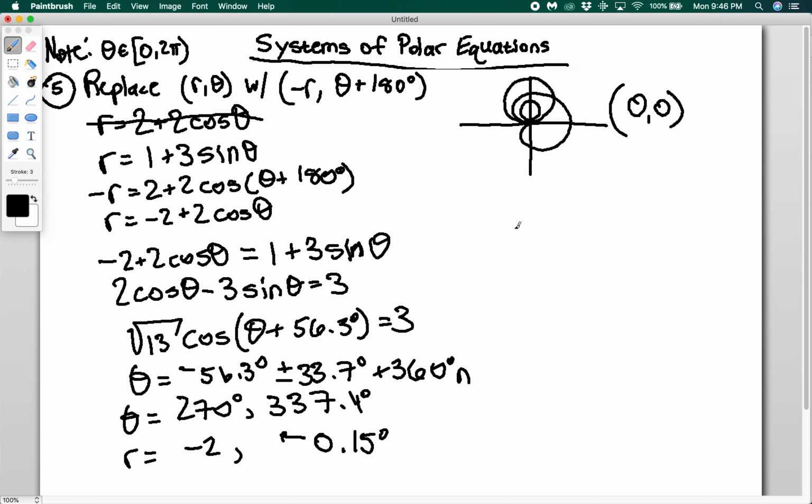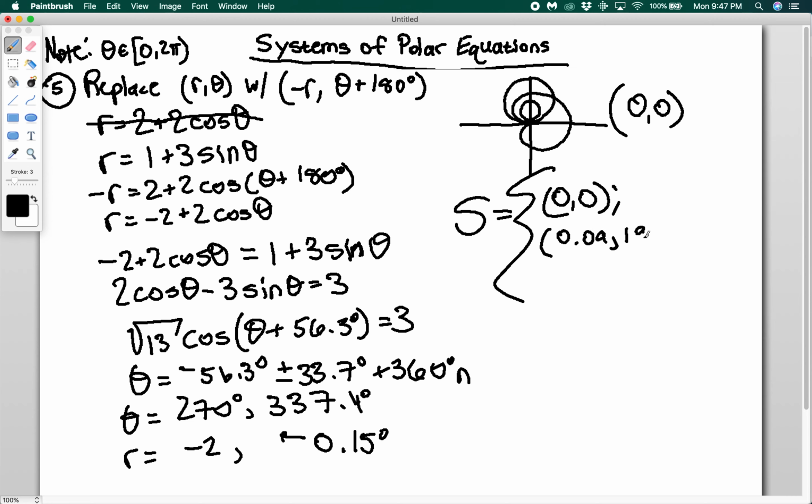Which means our final solution set is going to be equal to 0, 0. We're going to have 0.09, 197.6 degrees. We're going to have negative 2, 270 degrees.